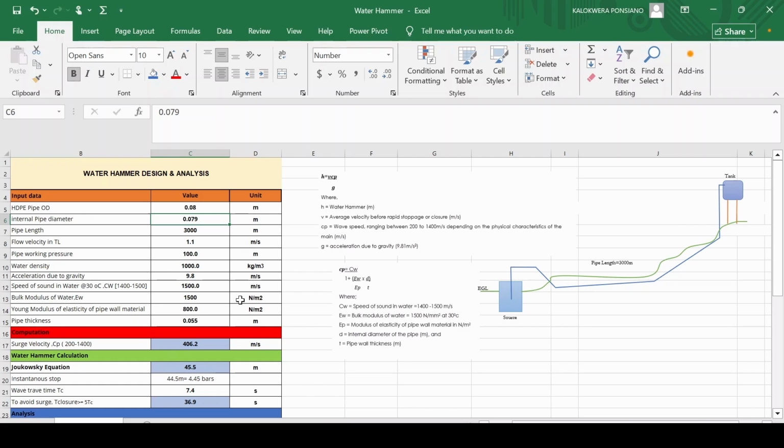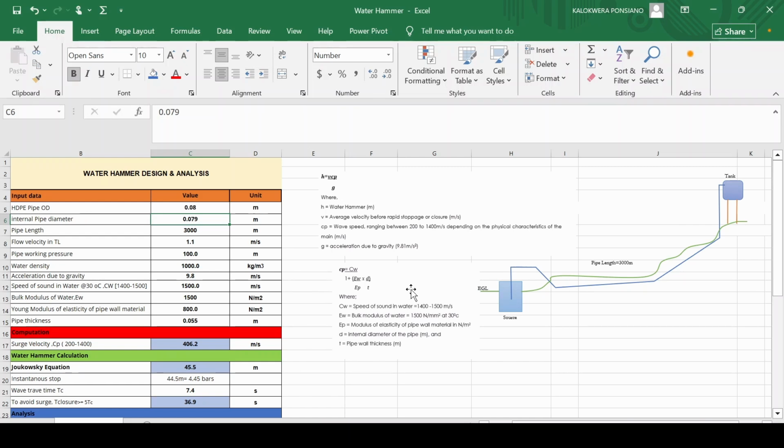The speed of sound in water, which is the CW, comes into the calculation of the wave speed. So wave speed equals CW over 1 plus the bulk modulus of water divided by the modulus of elasticity of the pipe wall material, times the internal diameter, divided by the thickness of the pipe.